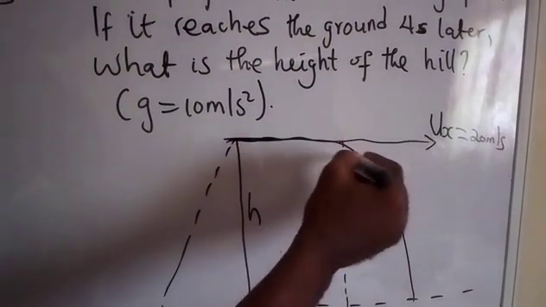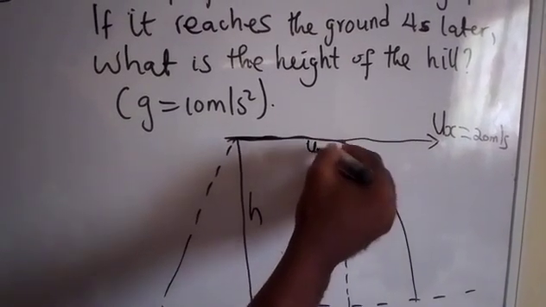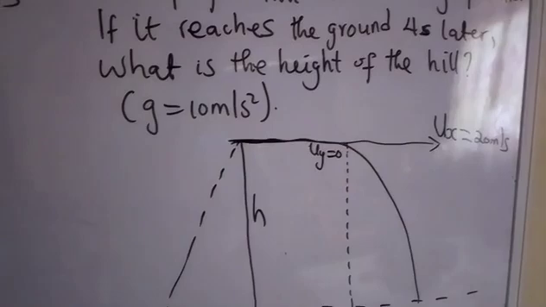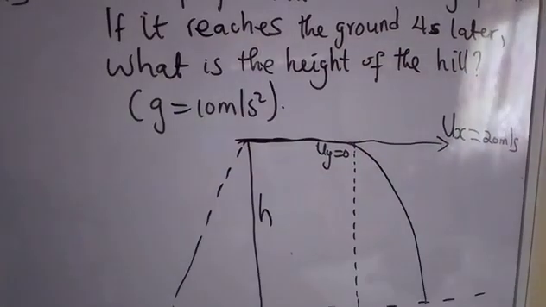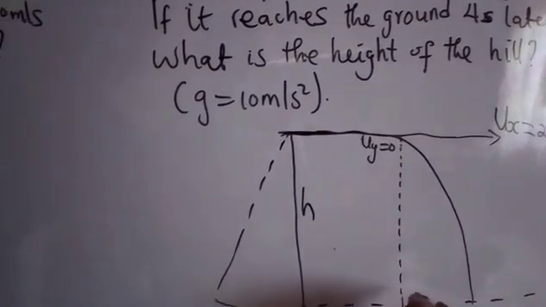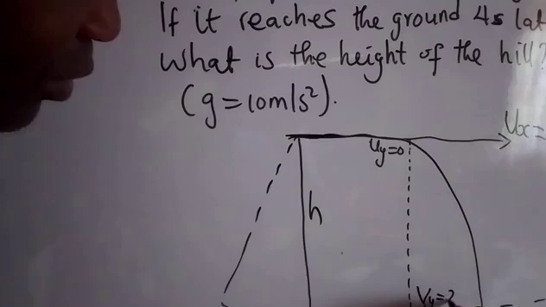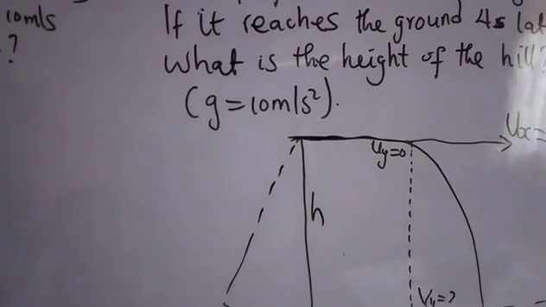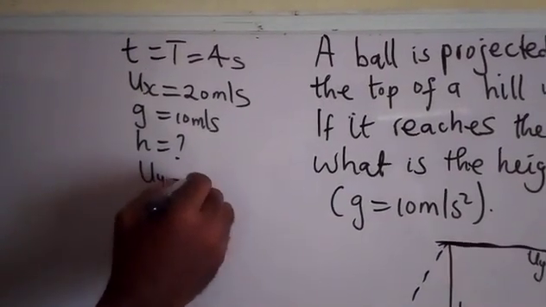The initial vertical velocity here is 0, while the initial horizontal velocity is the one with which the object was thrown. Eventually, when the object falls here, it will have a maximum vertical velocity, which we are not looking for at this moment. So we realize that the initial vertical velocity is actually 0.